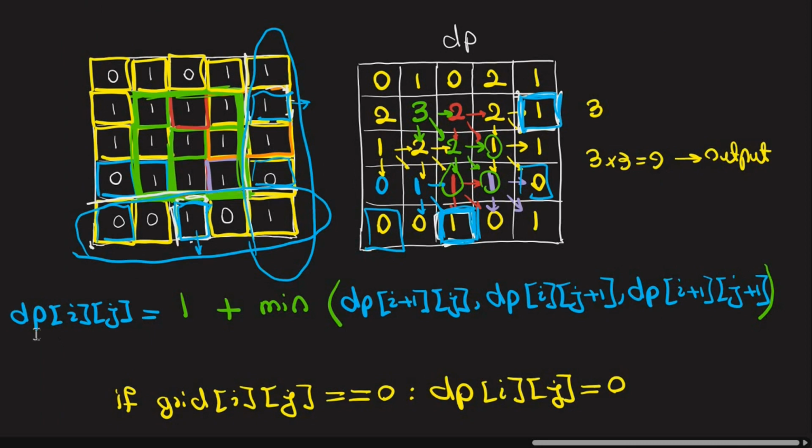From the formula, we saw that dp i j equals 1 plus minimum of the 3 blocks on the right, down, and diagonal. Okay?